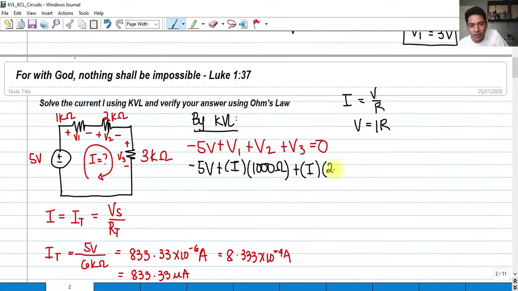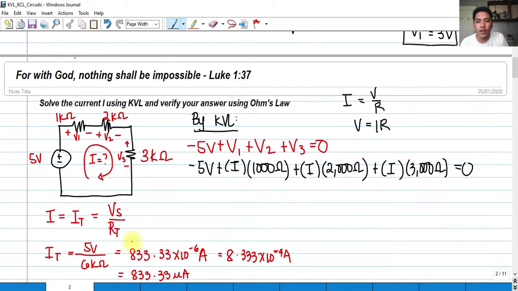So this is still voltage, because IR is still voltage. And of course, not last but not least, we have plus V sub 3, which is equal to I, the same current, multiplied by 3,000 ohms, and that equals 0. From that, we can find the total current.